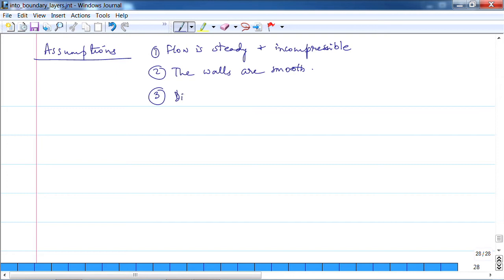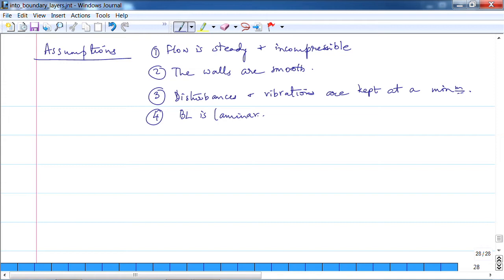Disturbances and vibrations are kept at a minimum, and hence, given whatever is given, the boundary layer is laminar.